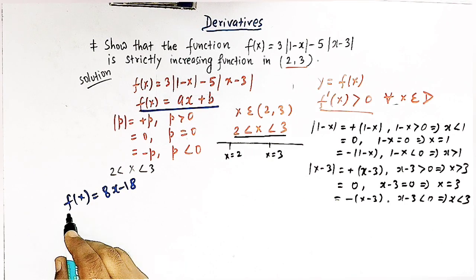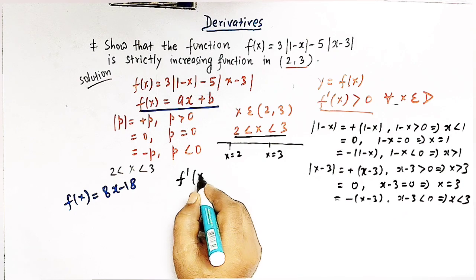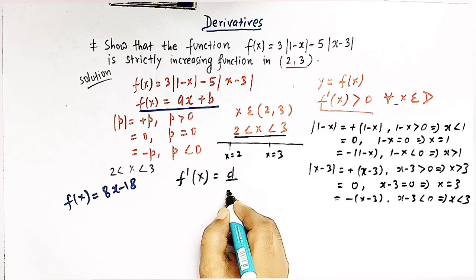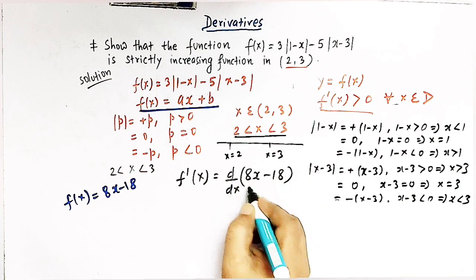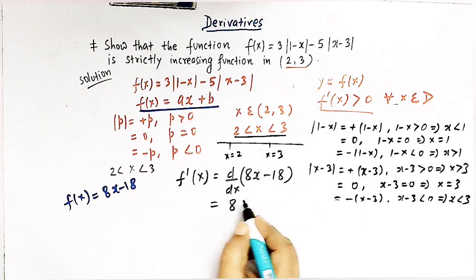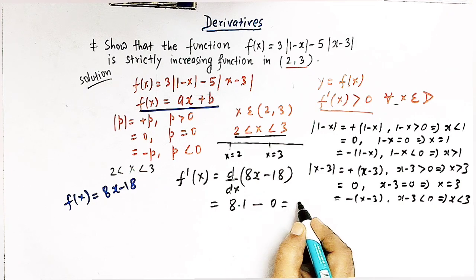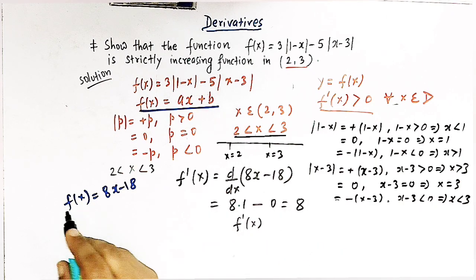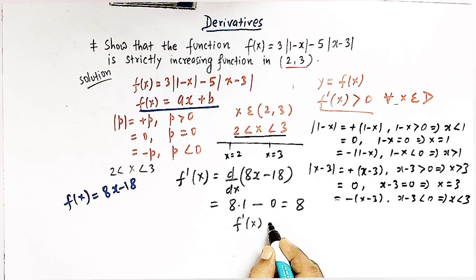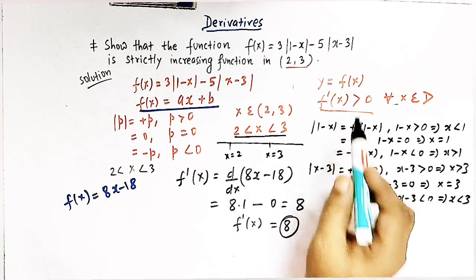So let us differentiate f of x. So the derivative f prime of x is equal to d by dx of 8x minus 18. So here we can see that the derivative of x is 1, the derivative of 18 is 0, so we have simply 8. So the derivative of f of x, that is f prime of x, is equal to 8, and this is a positive quantity, right?